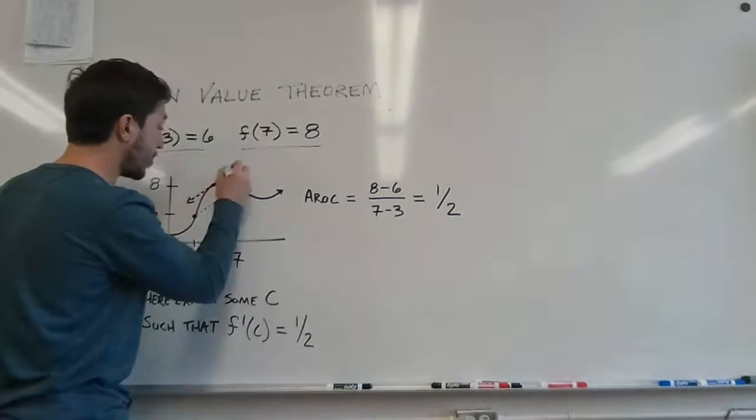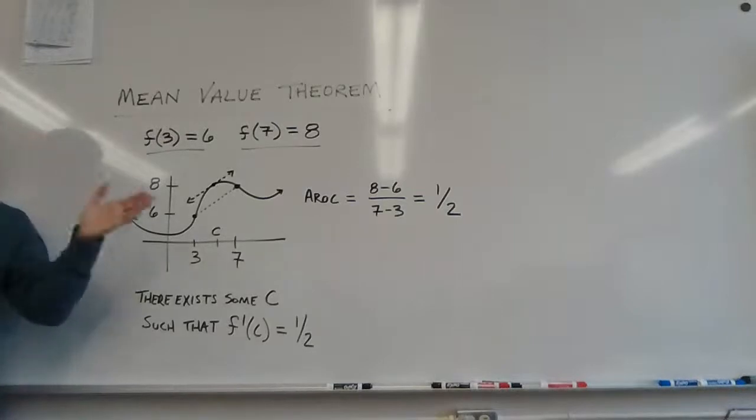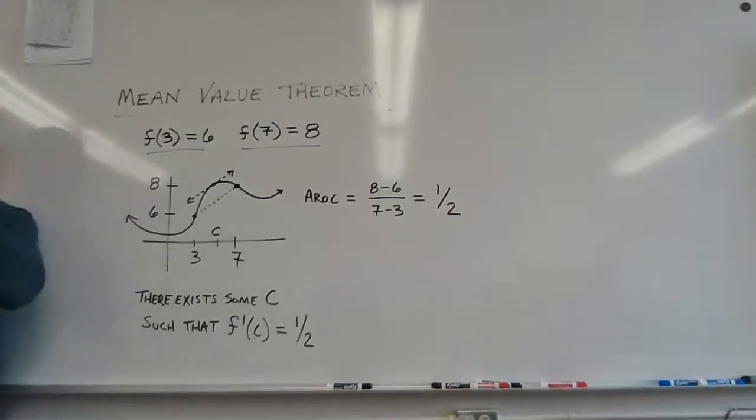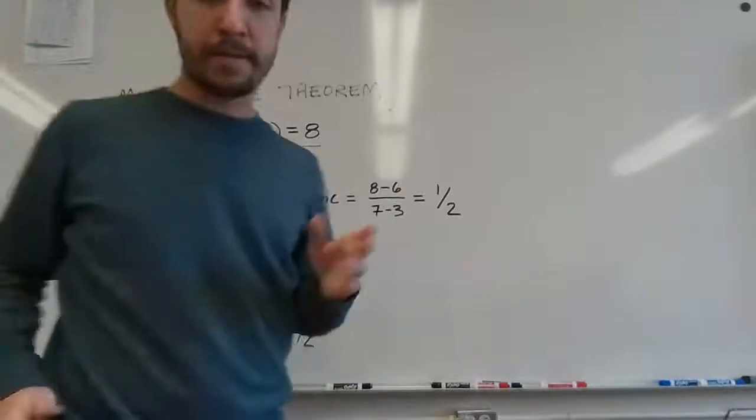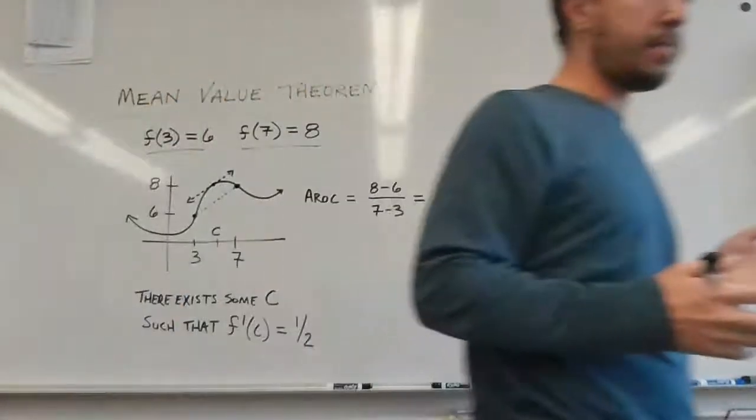Yeah, that's another way to say it. You could certainly phrase the theorem as there must exist a point on the curve whose tangent line has a slope of 1/2. Is that what you're thinking? Yeah, that's totally equivalent. Does that make sense? Yeah.